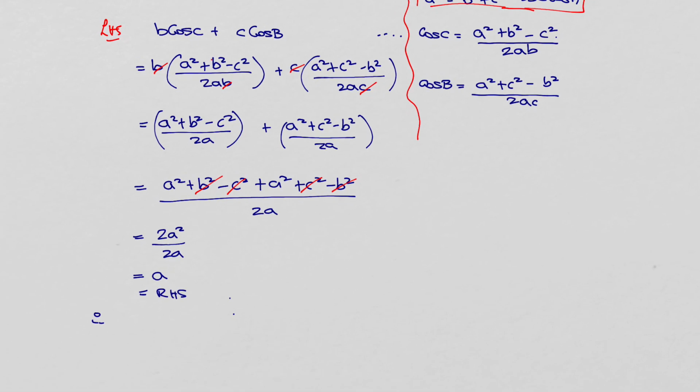So therefore we say left-hand side equals right-hand side. Hence b times cos c plus c times cos b is equal to a. So you're just manipulating any of the identities on pages 13, 14 and 16.